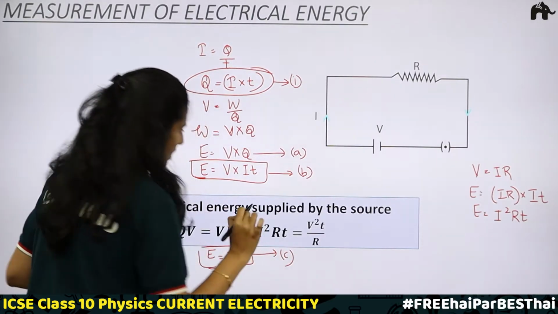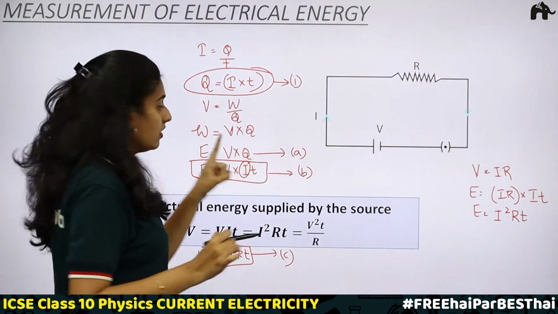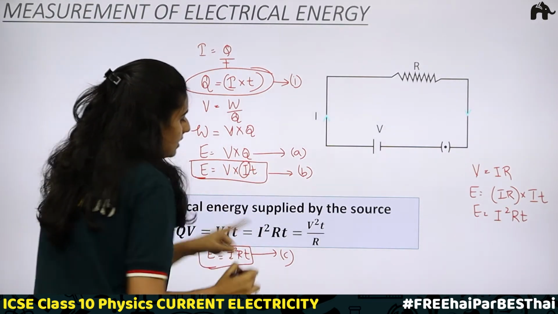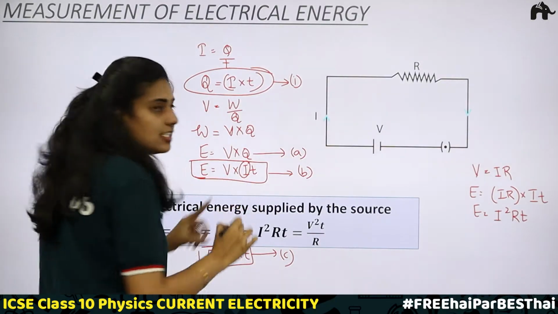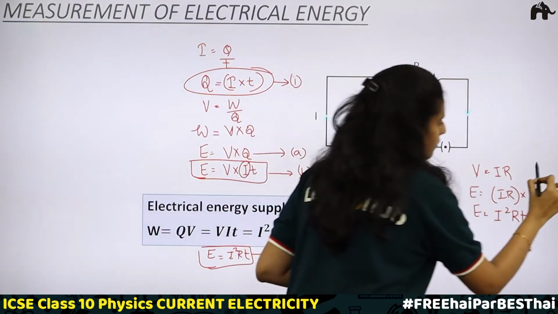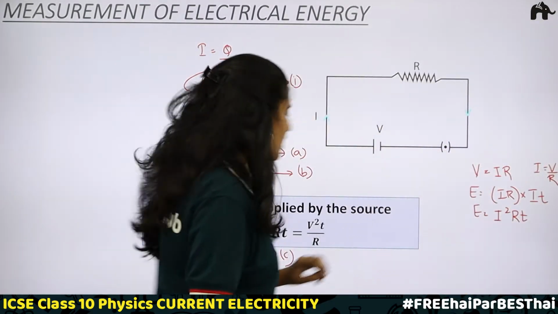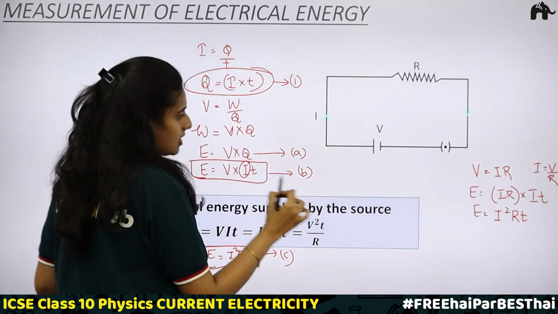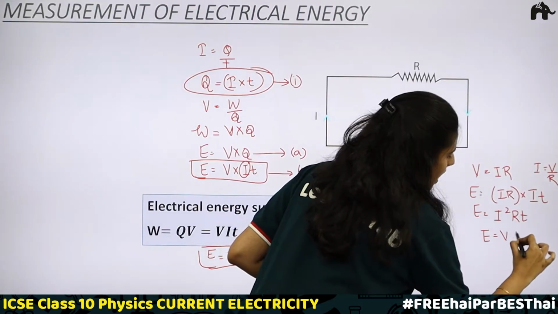To get the fourth equation, we are going to change I. To get the third equation, we changed V; to get the fourth equation, we are going to change I. Okay, what is I from Ohm's law? I is equal to V divided by R. Substituting here, E is equal to VIT.